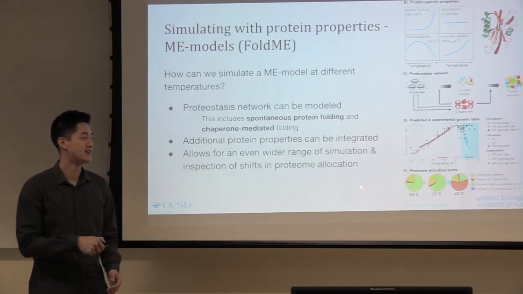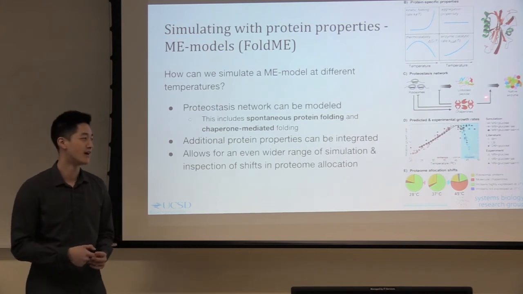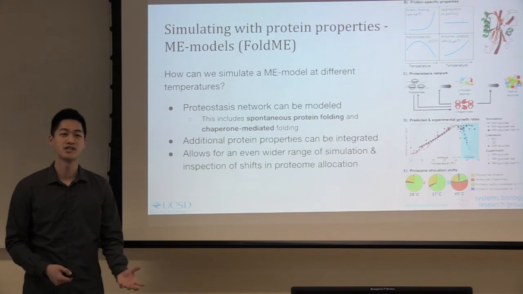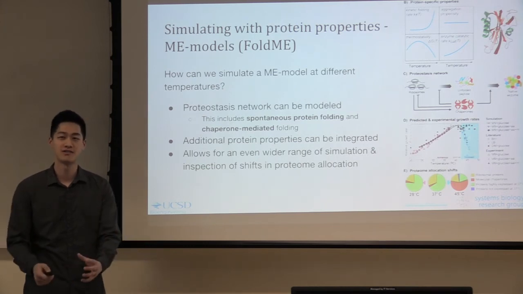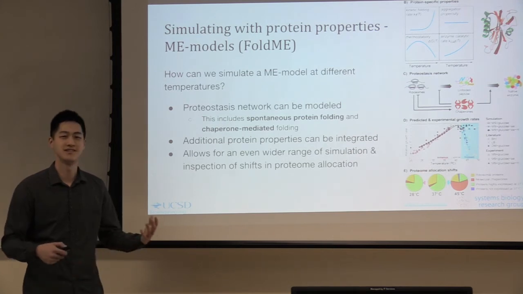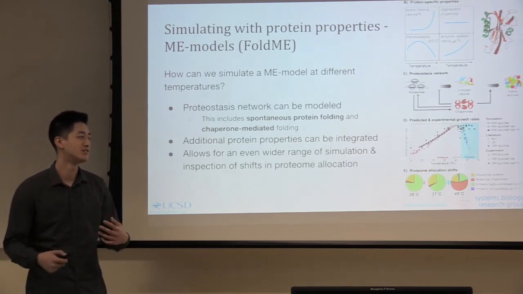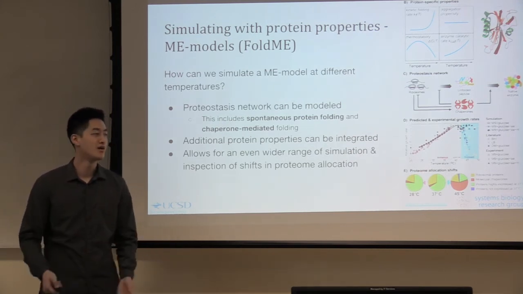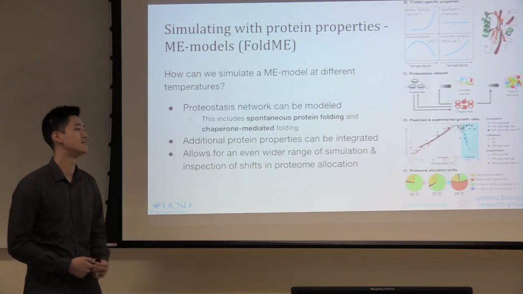This framework allows you to explore that question. And so at a higher temperature, it was found that a cell does produce more chaperones to keep all its proteins correctly folded. While at a lower temperature, it doesn't really care, and it will just produce more proteins to carry out more functions when it needs to.